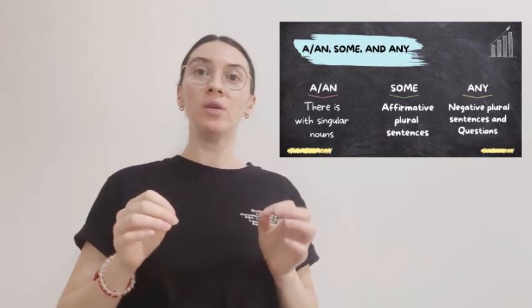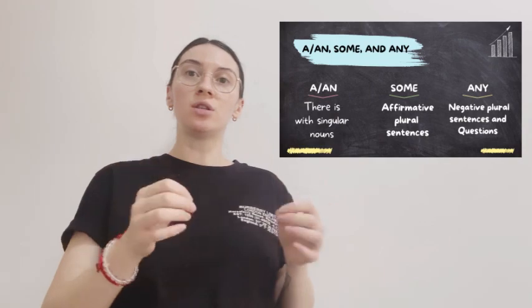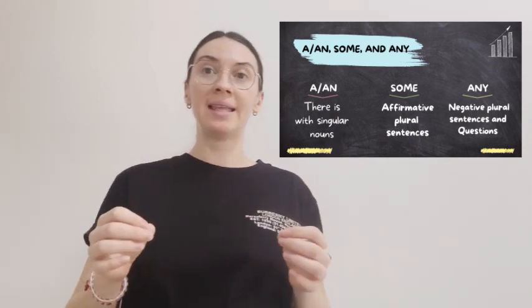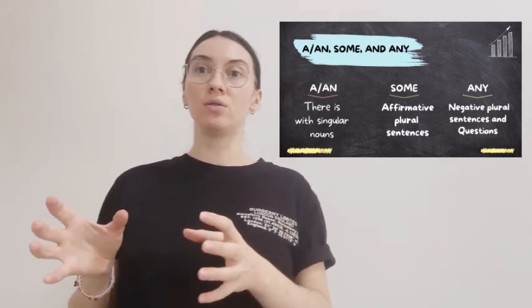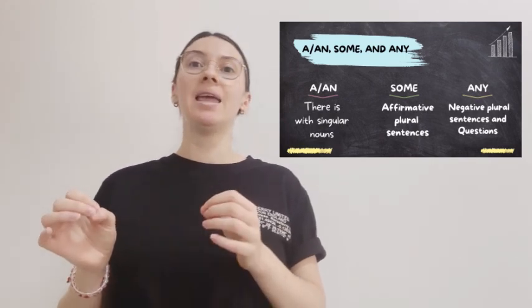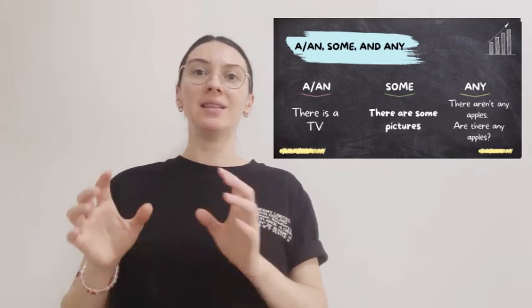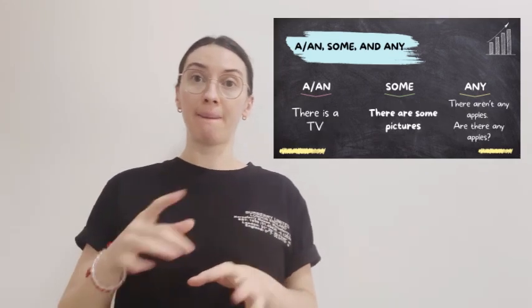So we use them when we want to show that there is a certain number more than one, and some is used in affirmative sentences, plural ones, and any in negative sentences or questions. Let's check some samples on the screen.